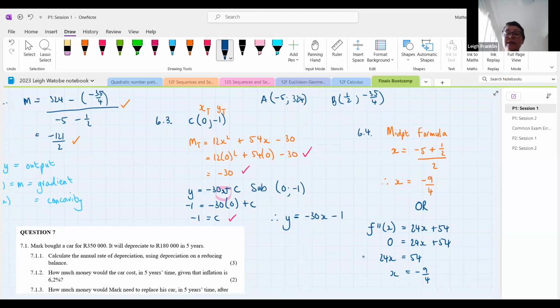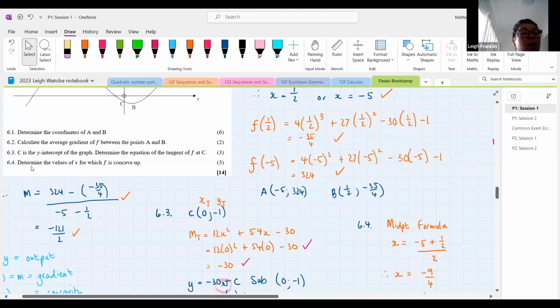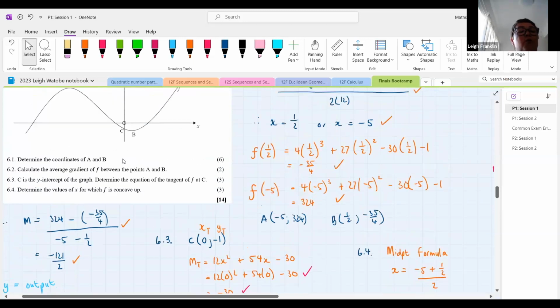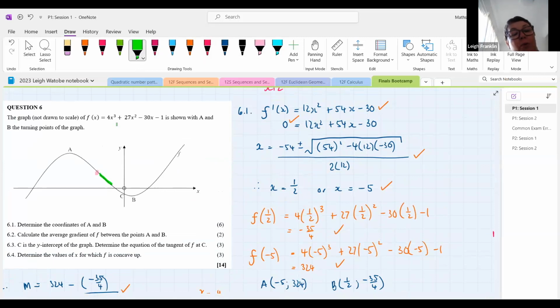All right, so my answer is nearly finished. Now I've found the x coordinate at the point of inflection, but they're asking us to determine the values of x for which the graph is concave up. So this particular function will be concave up after your point of inflection.